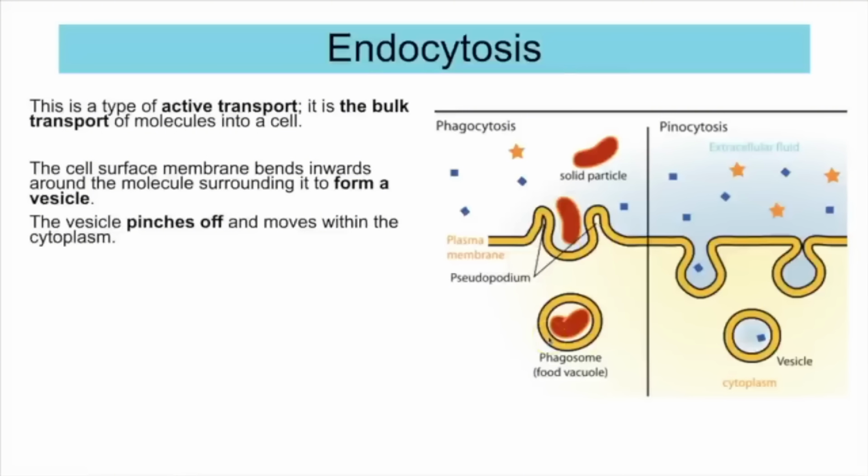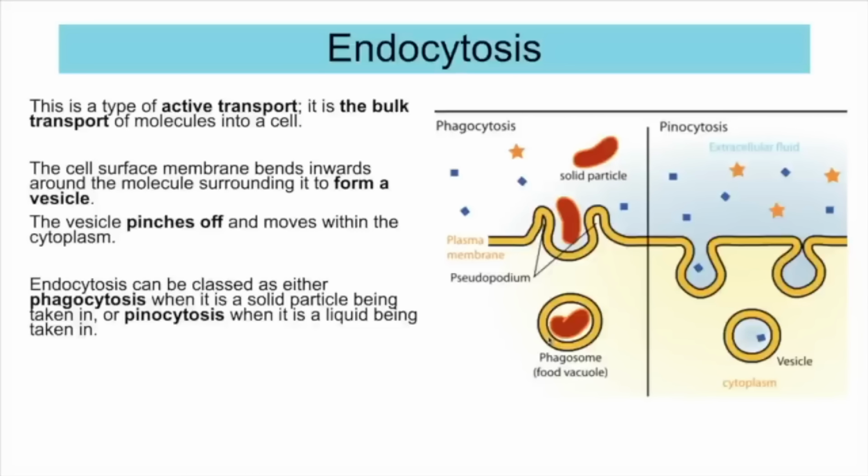The vesicle pinches off and moves within that cytoplasm. And endocytosis can be classed as either phagocytosis, as we've got on the left, or pinocytosis that we have on the right. And when it's a solid particle being taken in, it's called phagocytosis.